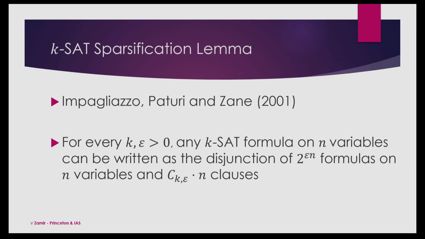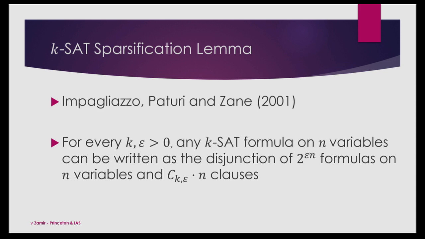They show that for every fixed k and epsilon, you can take an instance of k-sat, a KCNF formula, and translate it to 2 to the epsilon n KCNF formulas, such that each of those formulas is sparse. Each has the same number of variables as the original formula, but the number of clauses will be linear in n. The constant will depend on both k and epsilon.